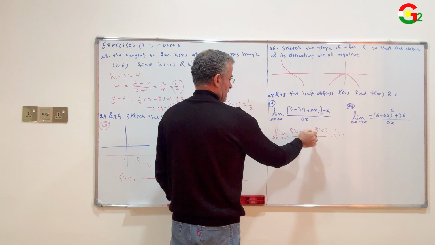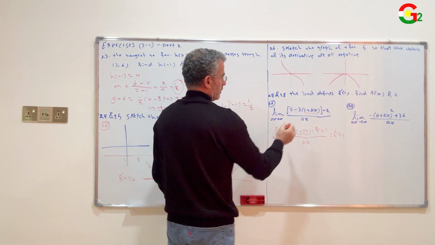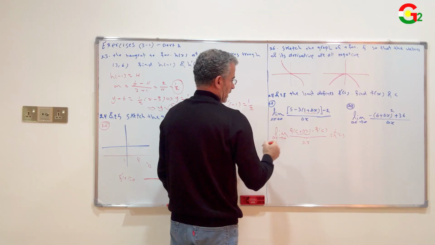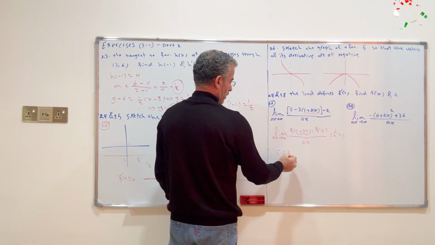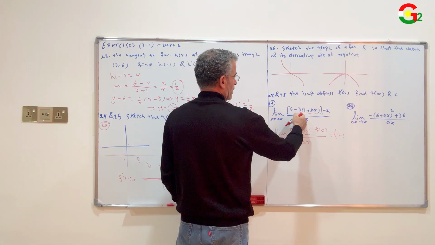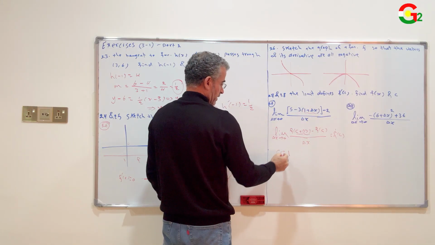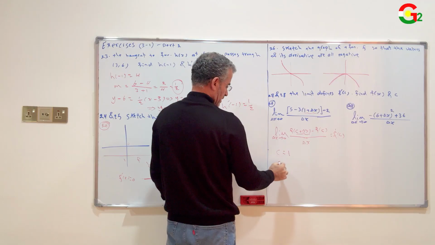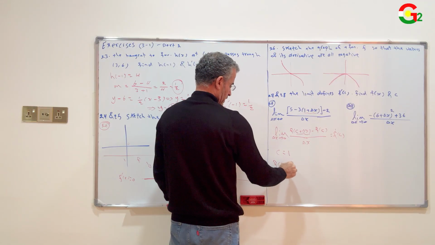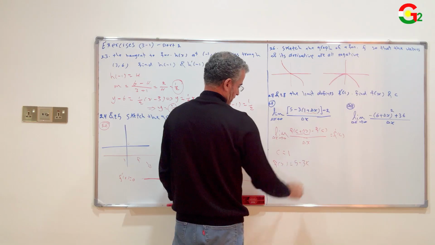Then c plus delta c is 1 plus delta x, therefore c equals 1, and 5 minus 3 times (1 plus delta x) is the function f of c plus delta c, so f of x should be 5 minus 3x.